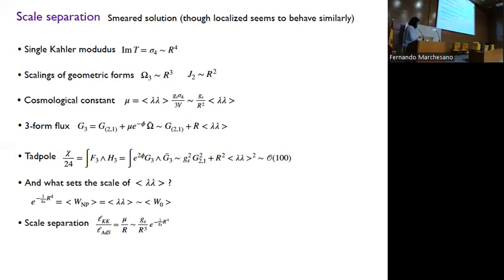So now if we look at scale separation, L Kaluza-Klein over L AdS, where L AdS is 1 over mu, and L Kaluza-Klein is 1 over R. What we get is that this is some g_s over R^4, and we get this exponential behavior. So the solution is scale separated exponentially, as long as you can build a vacuum that has a W0 much less than 1.